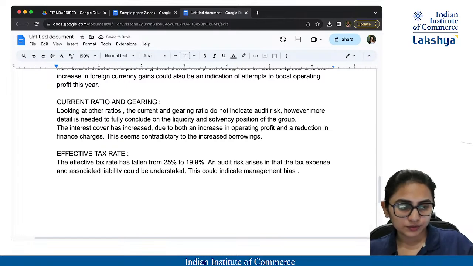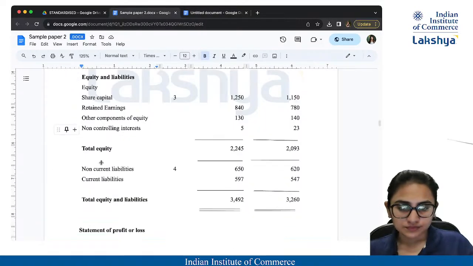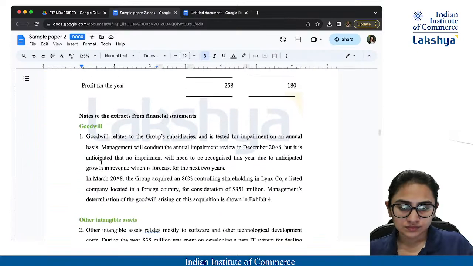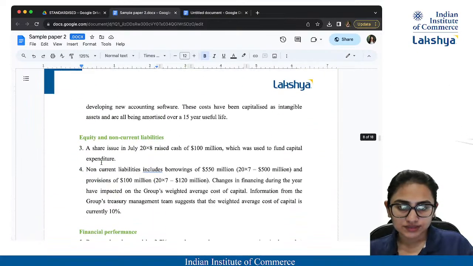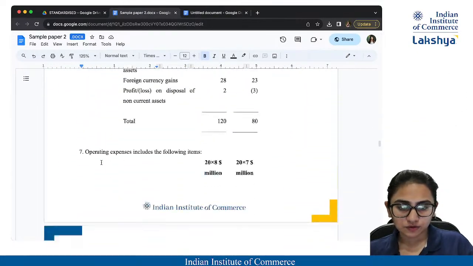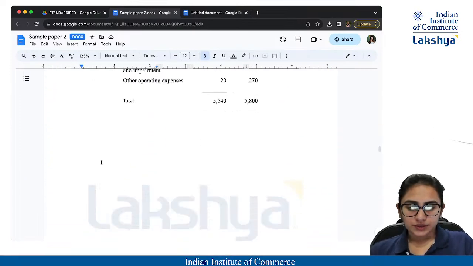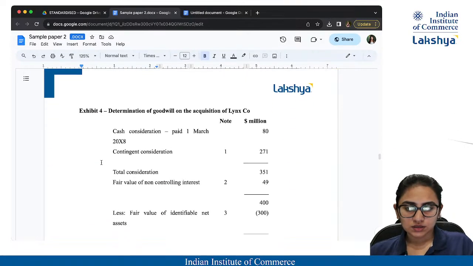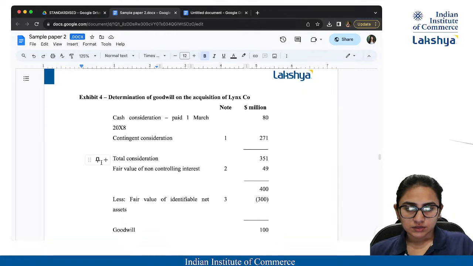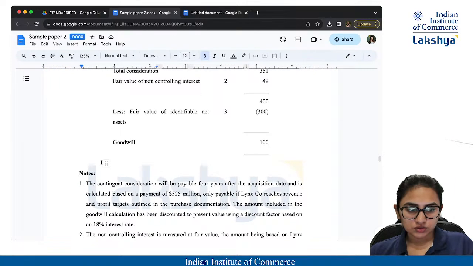Then what is the next point we can write about? Goodwill or the intangible assets, equity, financial performance, operating expenses, determination of goodwill on acquisition.